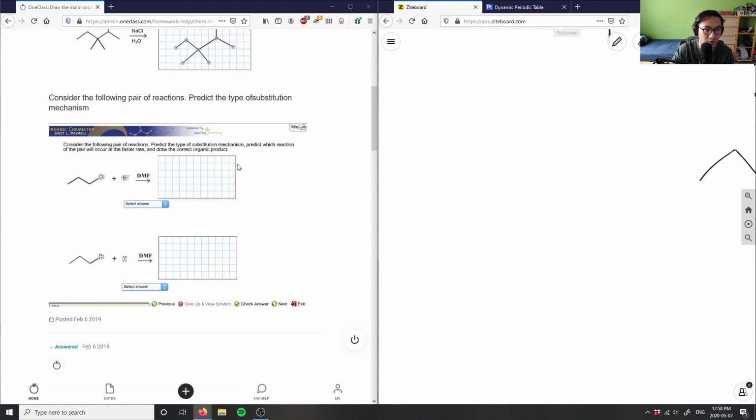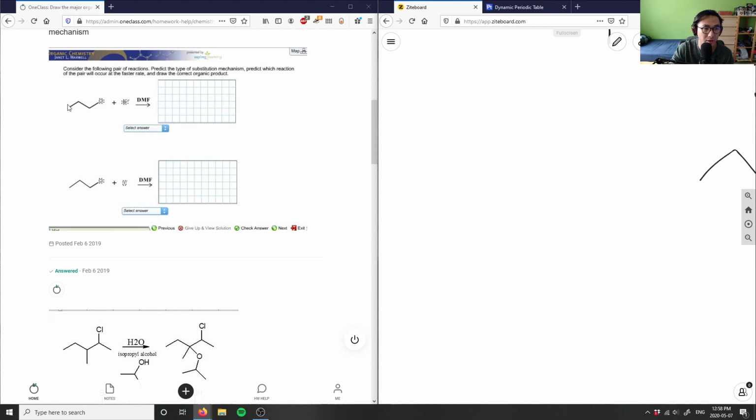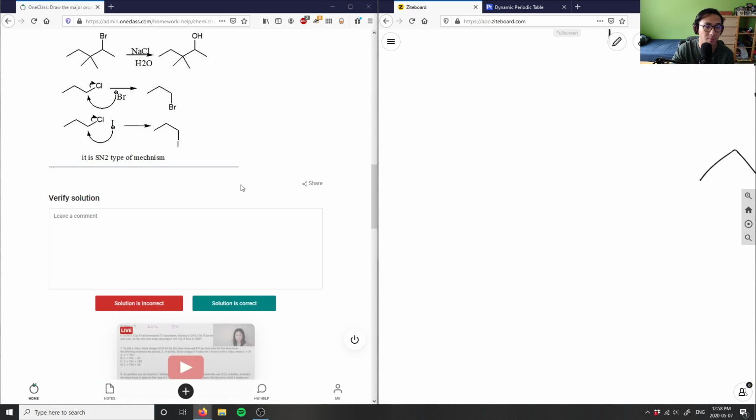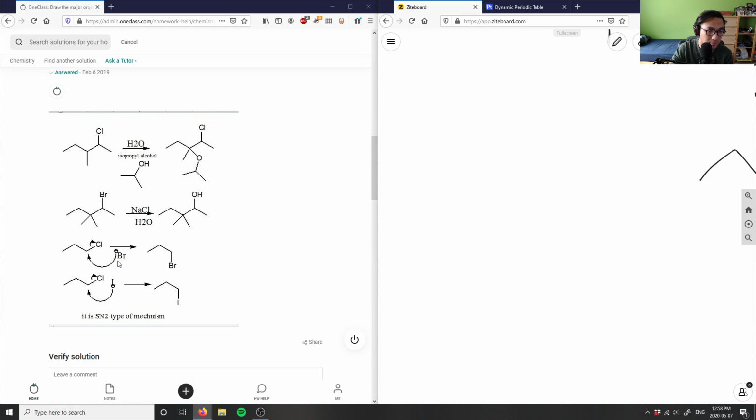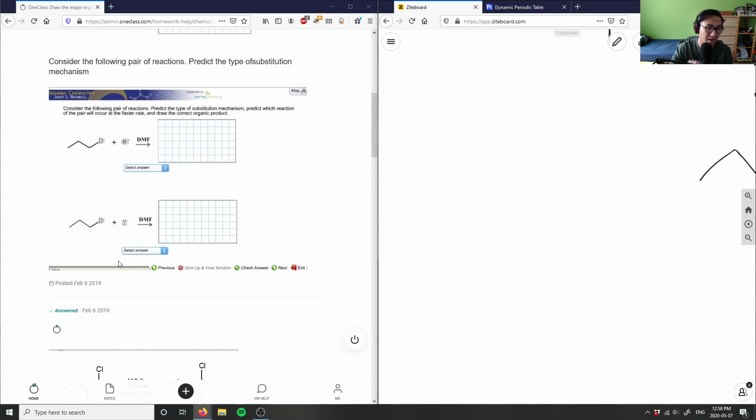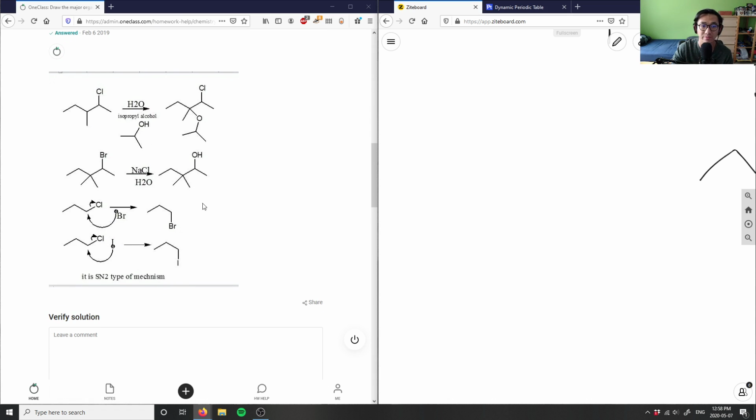I won't write this down here, but it says I have some type of propane with a chlorine group plus bromine with DMF, and then I have 1, 2, 3 chlorine with iodine 2 and DMF as well. So again, these two are exactly the same chemical structures, but I'm adding different halogens with DMF here. And as you can see, DMF is a very, very potent reagent, and what it does is it actually ignores this concept of electronegativity because it's an aprotic solvent.